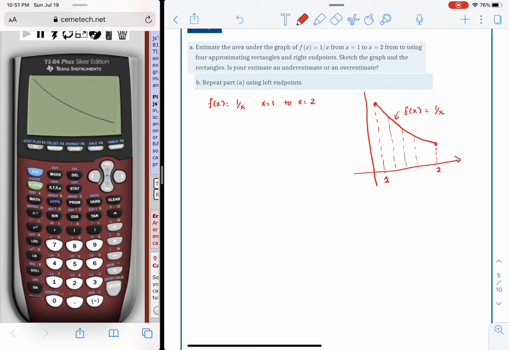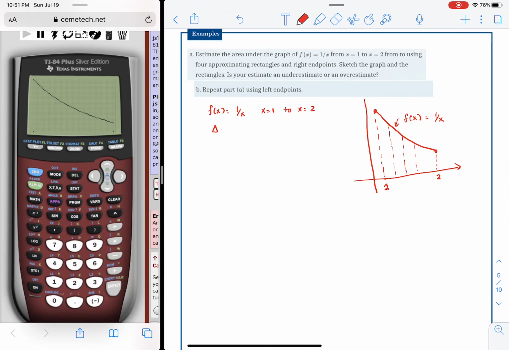So we have to divide 2 minus 1 divided by 4, get 1 over 4. So 1 plus 1 over 4, it's 5 over 4, plus 1 over 4, 3 over 2, plus 1 over 4, 7 over 4, and lastly we have 2.